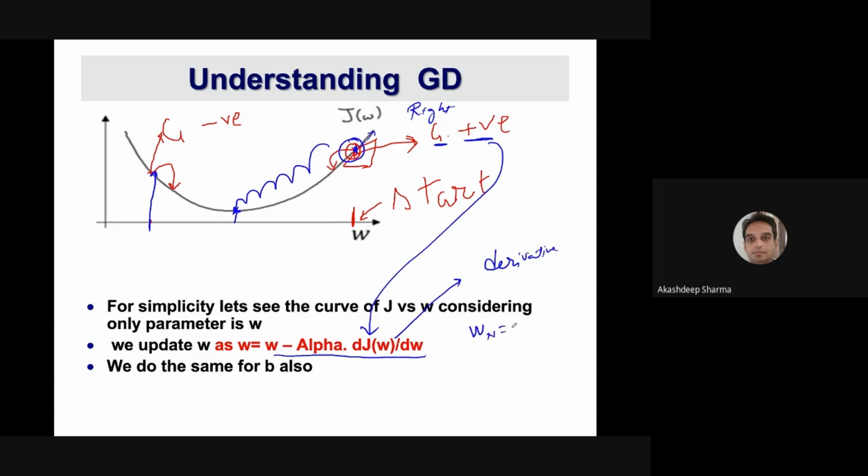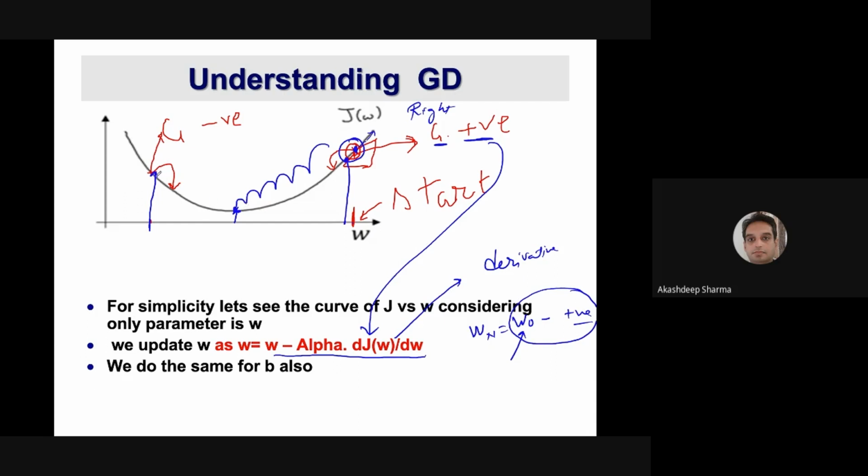W new is equal to W old minus some positive value. So what is the effect of this? I'll be reducing whatever value W was initially to some smaller value. So in a way, if I started from here, my new W will be somewhere here, right? I'll again calculate this point, with the hope that if I do it a number of times, I'll end up at the minimum point.